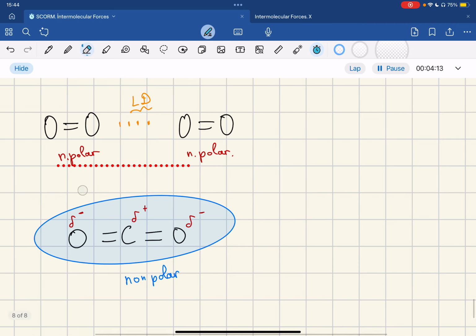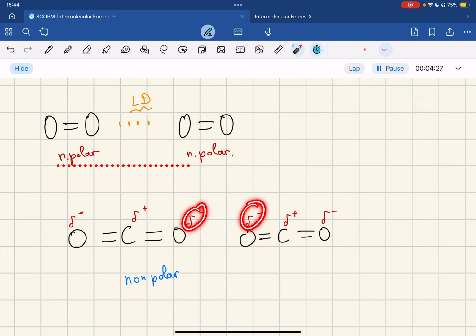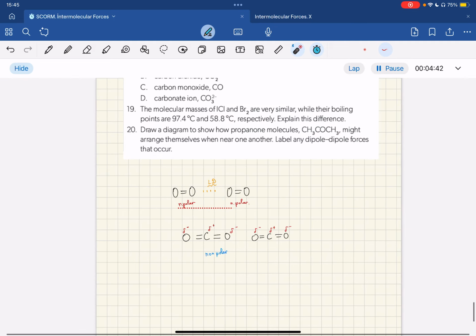If I draw two CO2 molecules nearby, partial negative, partial positive, partial negative. Yes, we are going to provide an electronegativity chart for you. Both ends are negative, so we cannot have a permanent dipole because they are going to repel each other. Instead, the electrons in here might change their places, so we have a temporary attraction, which is called London dispersion.